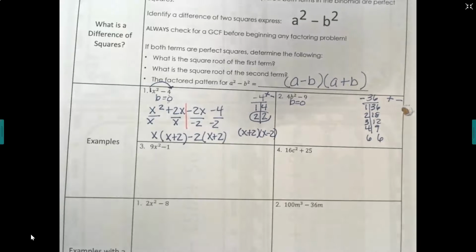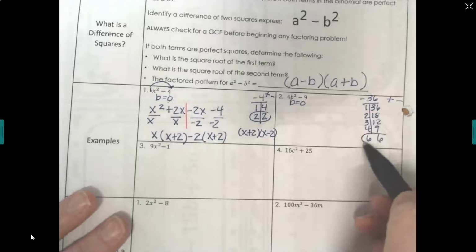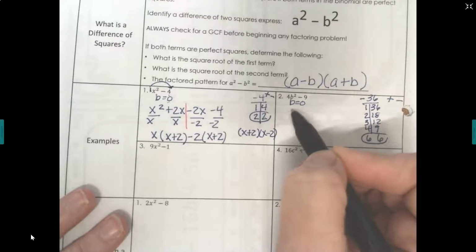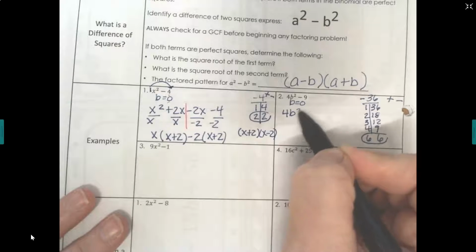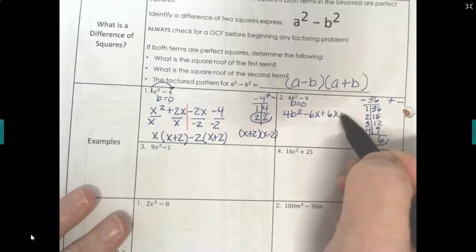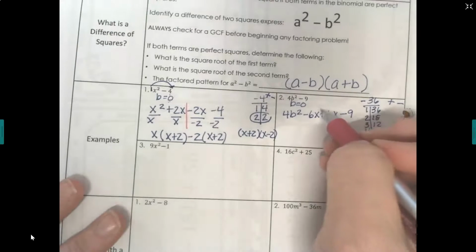Those are all our factor pairs. Which pair with opposite signs will add to 0? It will be 6 and 6. So we're going to substitute them in: 4b squared minus 6b plus 6b minus 9. Now we can do grouping like we've been doing.